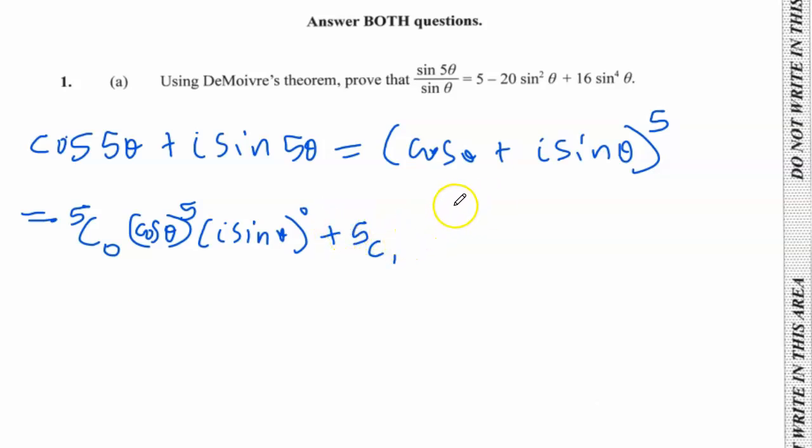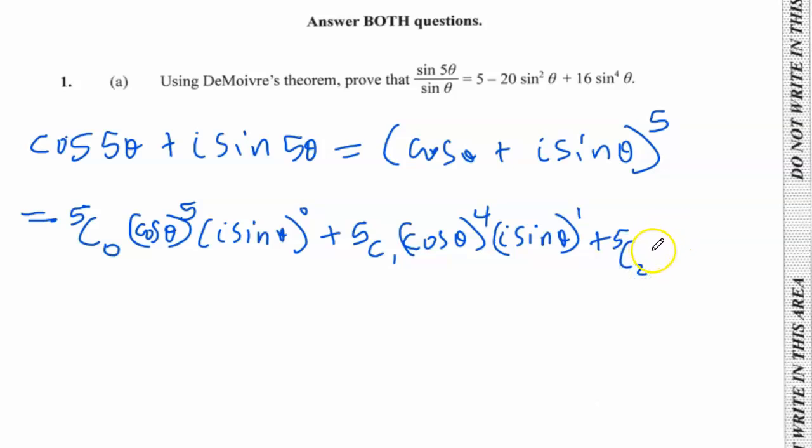So the next term will be cos θ raised to the 4th power and i sin θ raised to the 1st power. Next coefficient is 5 choose 2. So we raise cos θ to the 3rd power, so it's falling, and i sin θ, the power is increasing, so (i sin θ) squared.